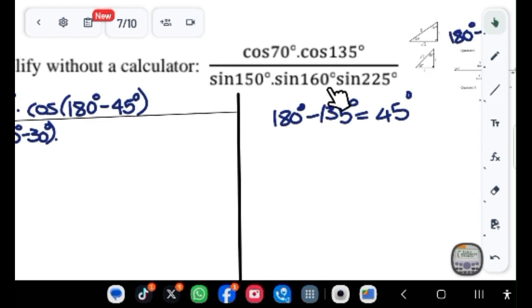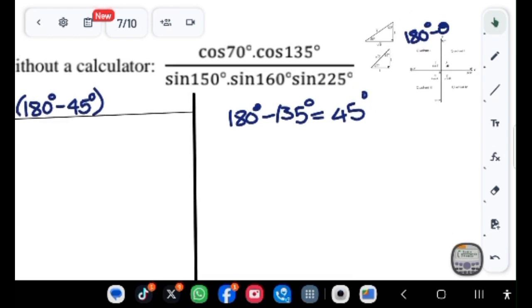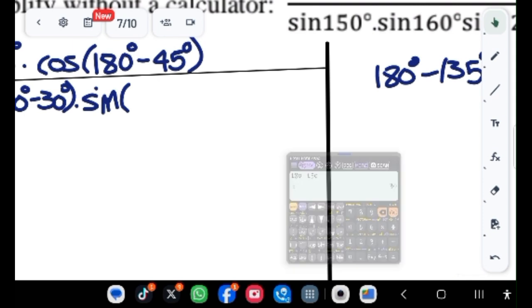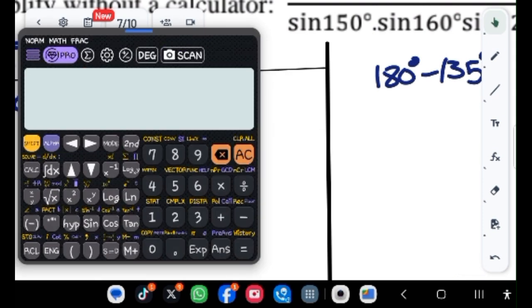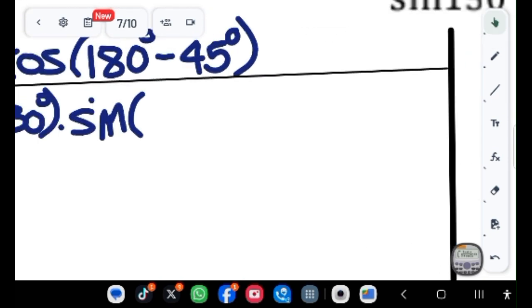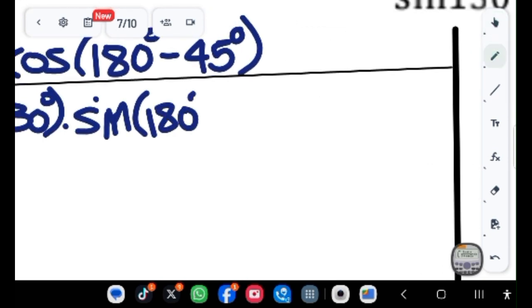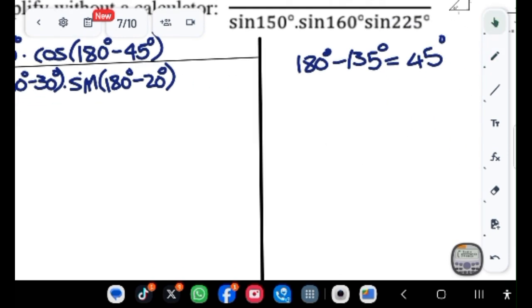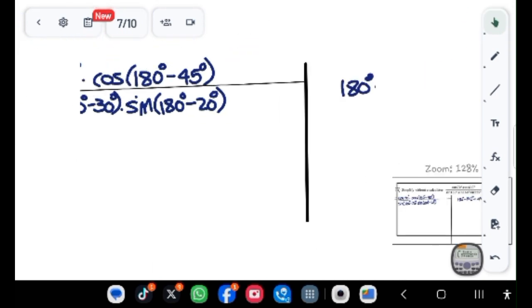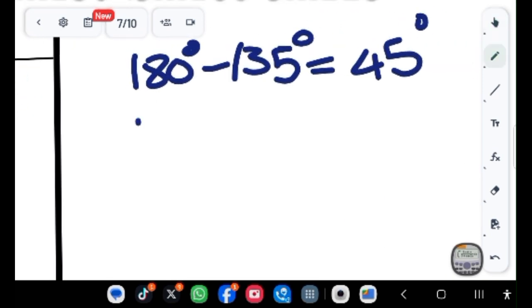Next is sine of 160. That also lands us in the second quadrant. So that will be sine of 180 minus 160, which gives us 20 degrees. It's not a special angle. However, you can also express it in terms of 90 degrees, which is what I actually prefer.